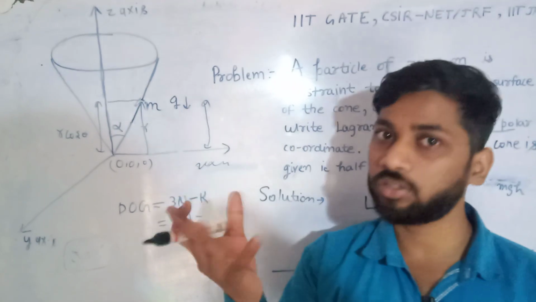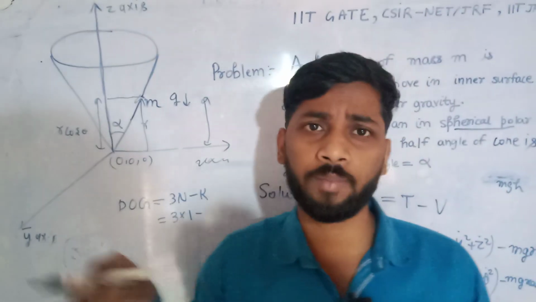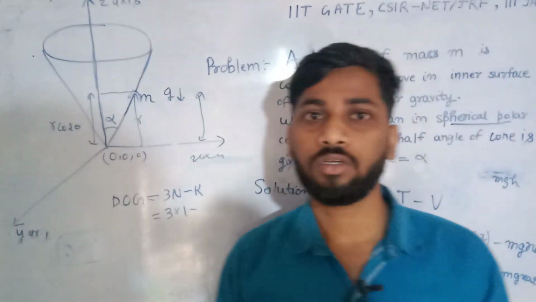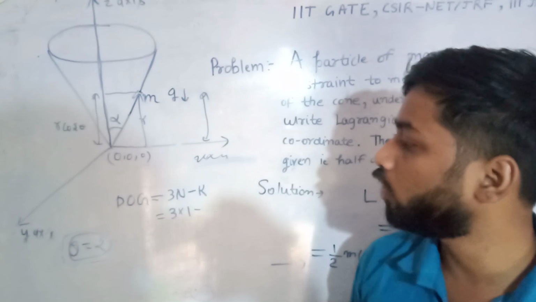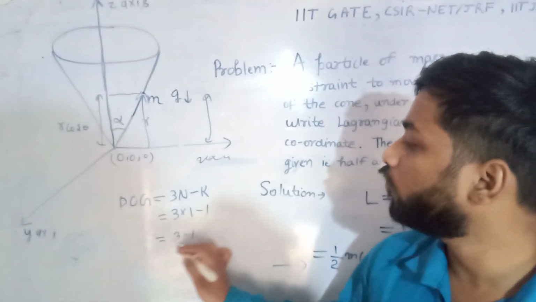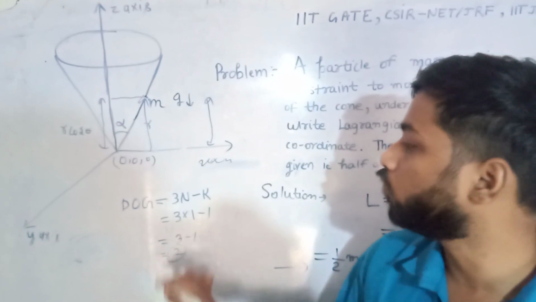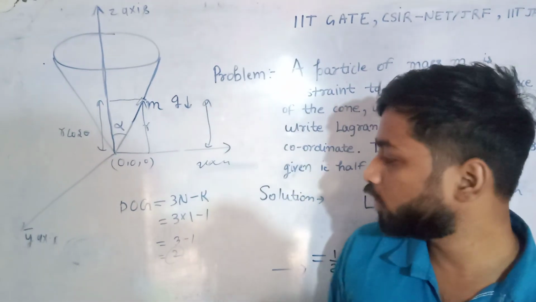So the number of constraints is 1, and the degree of freedom will be 2.